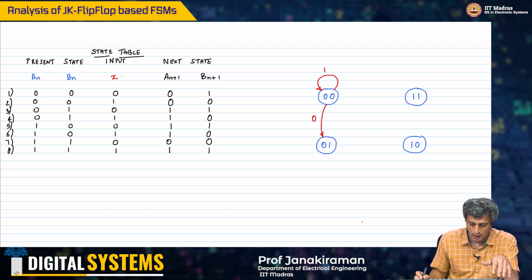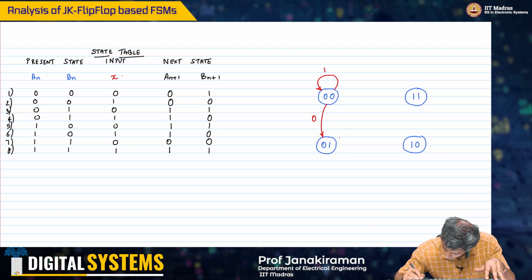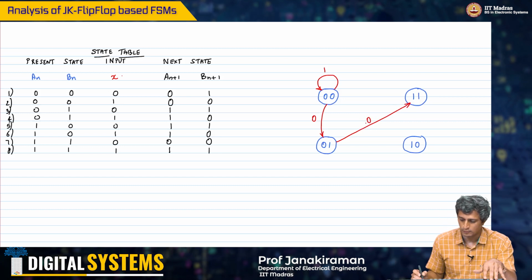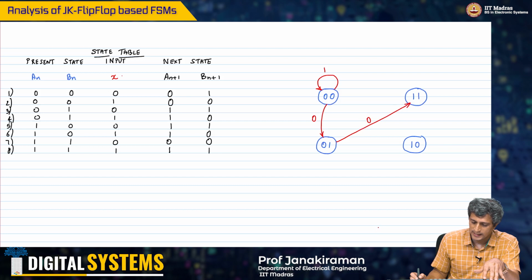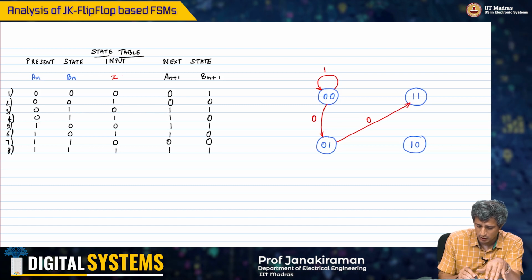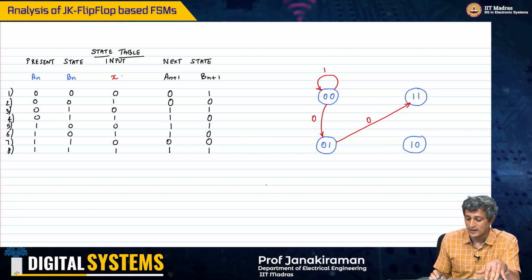Now you come to state 0 1, and if the input is 0, you go to state 1 1. So you will go across like this with the input 0. And then on the 4th entry, if the current state is 0 1 and the input is 1, you go to 1 0 state.